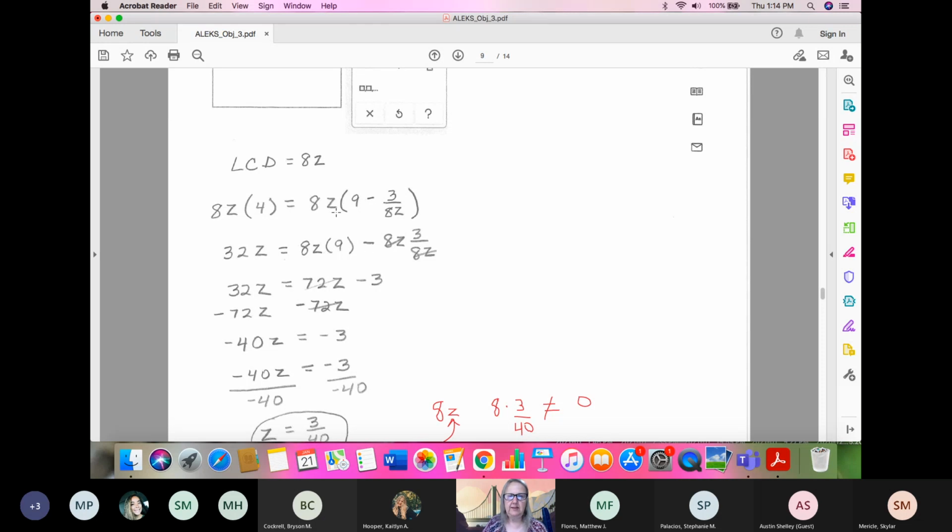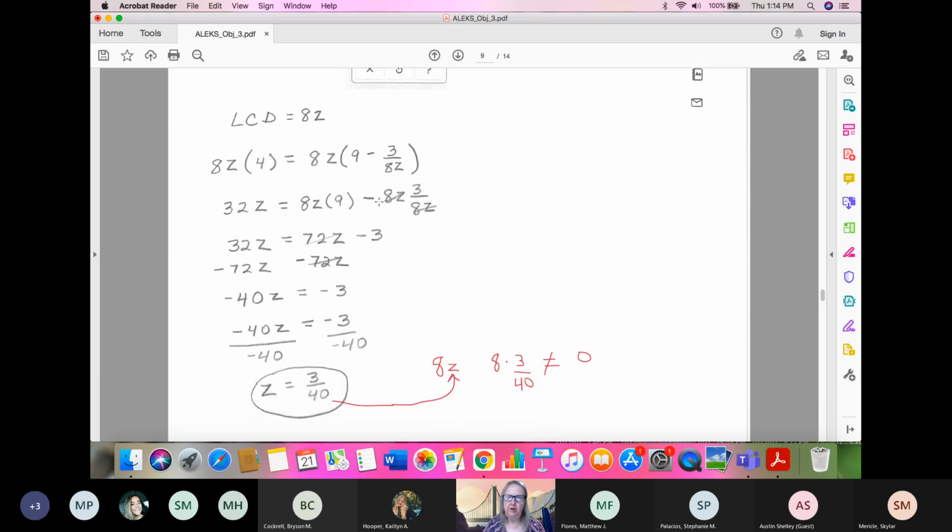And then we take 8z times 3 over 8z. And what you will notice is now we have an 8z in the numerator and an 8z in the denominator, and we can cancel those, meaning 8z divided by 8z is 1 times 3. 1 times 3 is still 3. That's what allows us to cancel these 8z's.